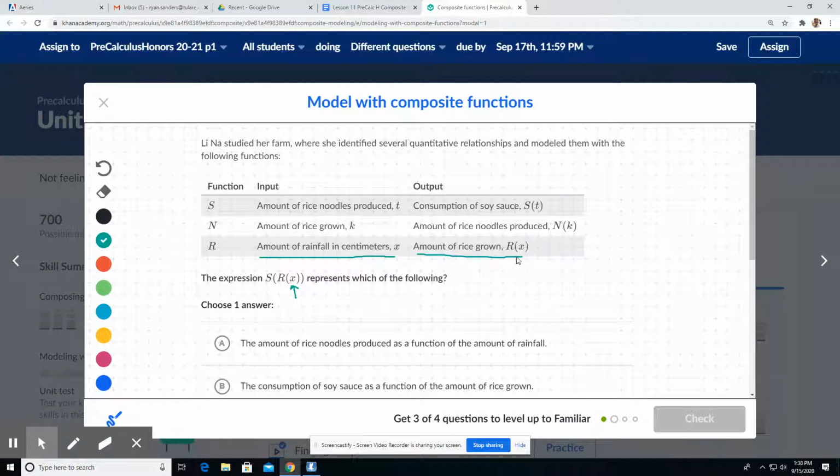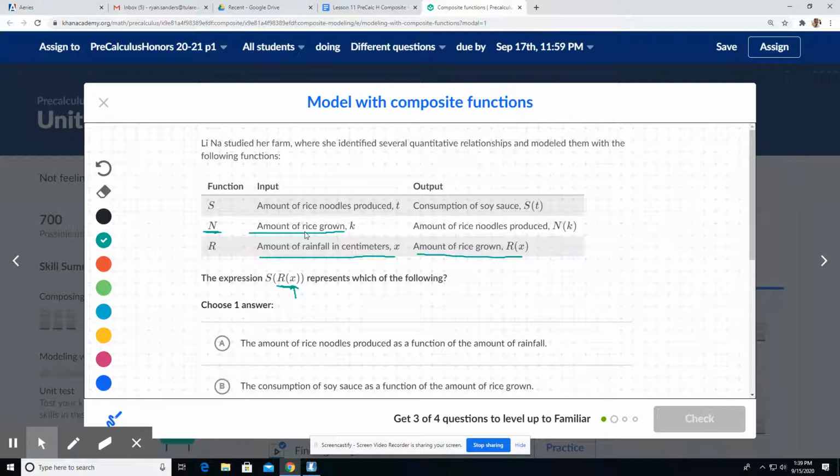So the x goes into the r sub x function. That's what we have here, starting with x, and r sub x is the amount of rice grown. That's this function right here, in terms of n.